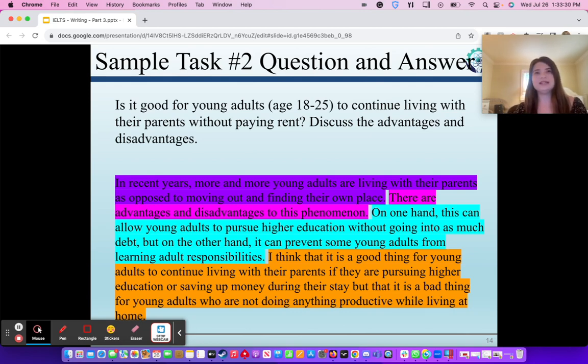I didn't really go into detail here and explain how does that actually connect with living on your own versus living with your parents. I didn't make that connection just yet because we're not there yet. I am going to make that connection in the body paragraphs later, which we'll see in the next lecture. But for now, I'm just briefly stating those things. So I want to stress that in our introduction, you just have to state them. You don't have to go into details.